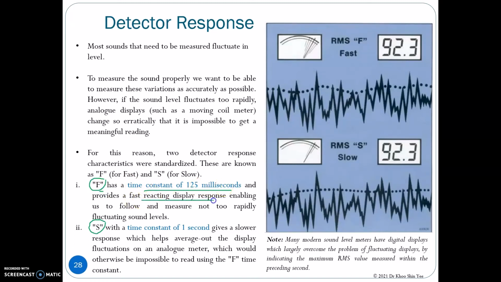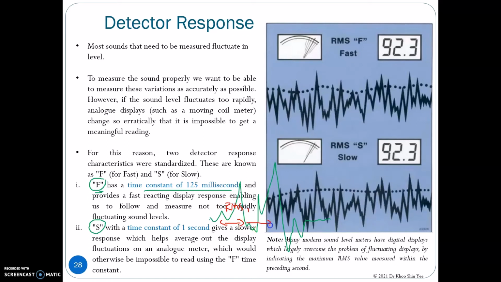which provides a fast display response. However, if we use the fast mode to measure a sound level that is changing too rapidly, it is not suitable because we cannot capture the average correctly. For example, in this case the time interval is only 125 milliseconds and you take the RMS value 1.